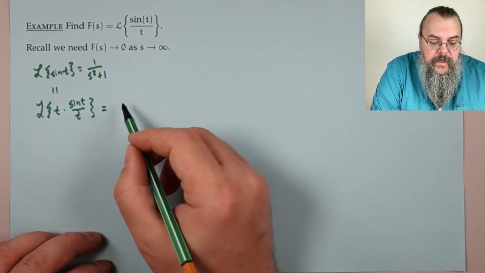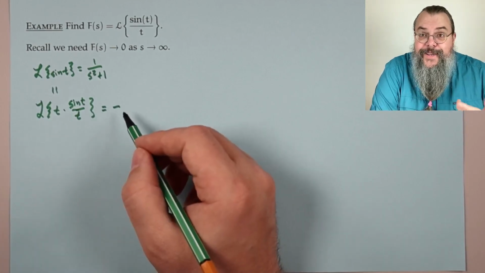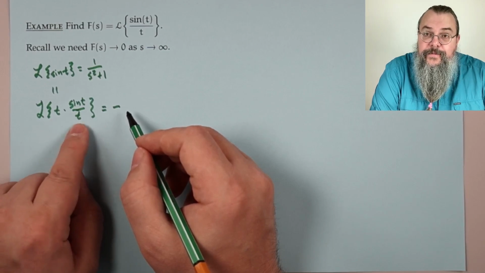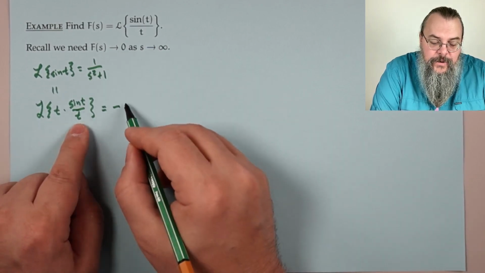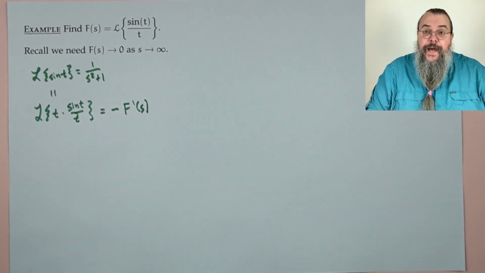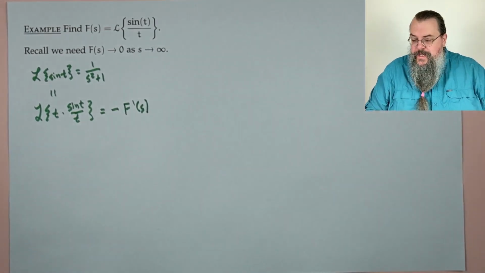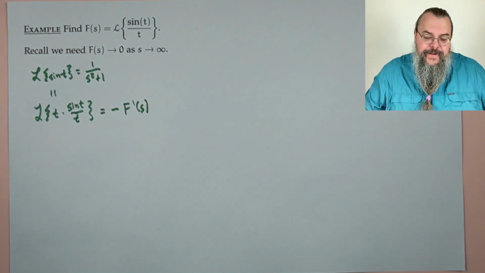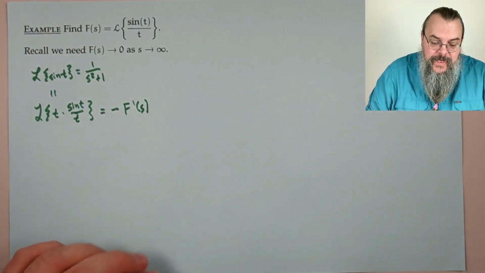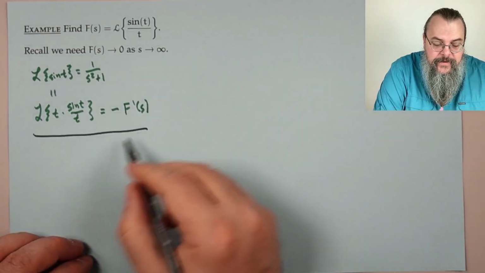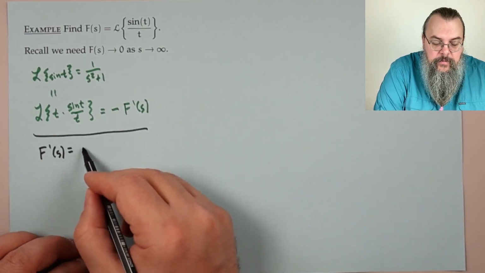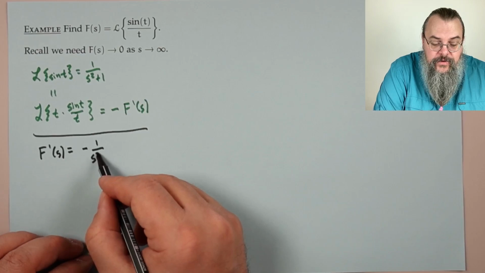Well, this would be a minus, because remember, when we take t, that's a minus, and then the derivative of the Laplace transform of sine t over t, which is f prime of s. And now we're like, ooh, cool. So we have a derivative involved here. If we could solve for it, we'd be done. All right, so let's see what we have. We can now say that f prime of s is minus 1 over s squared plus 1.